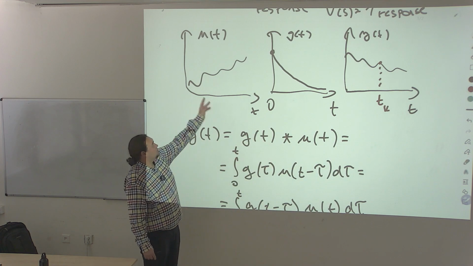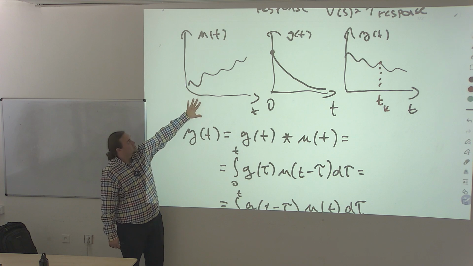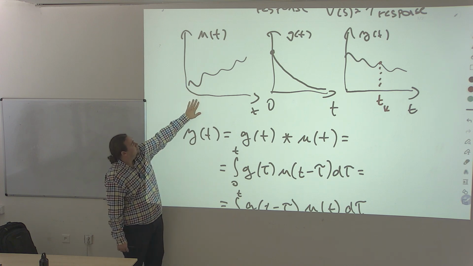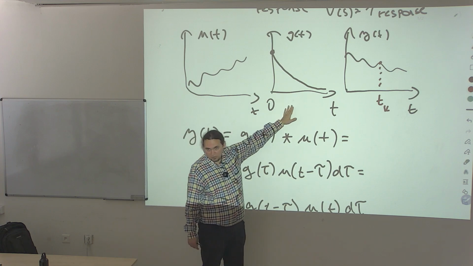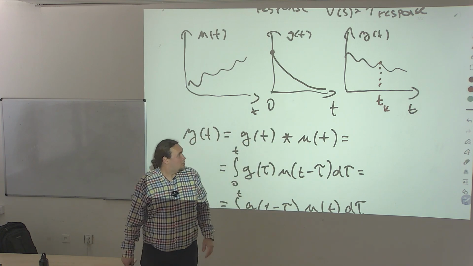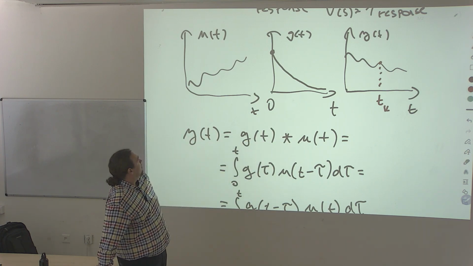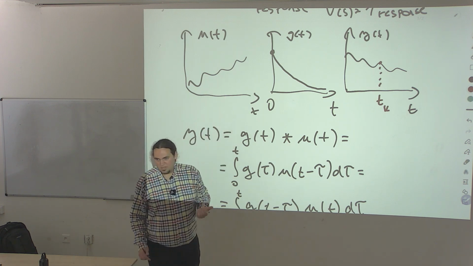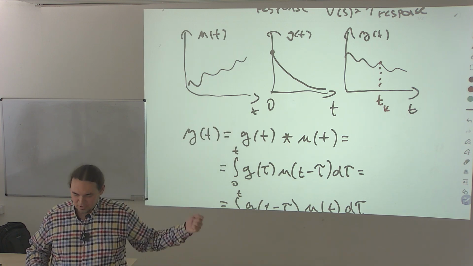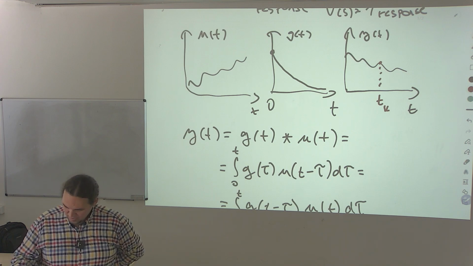And what happened in the past is basically shown in the graph of the input. And in the middle, this is the reaction of a system, how it reacts basically to each input that happened in the past.